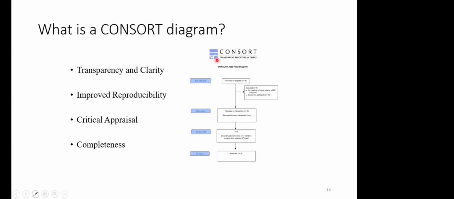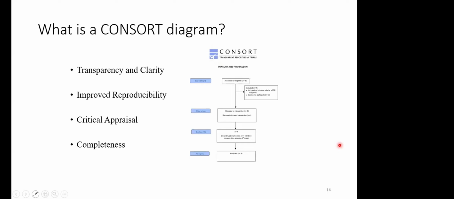I don't know if you were able to access the CONSORT diagram for the study that we've been using. Or rather, the entire protocol.